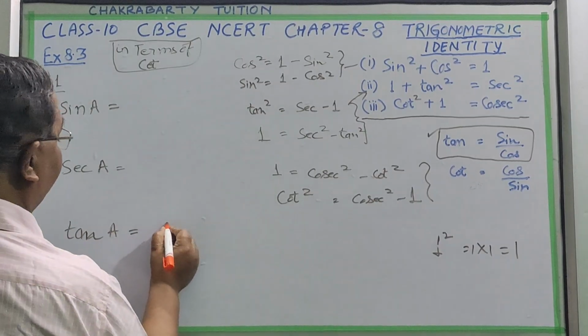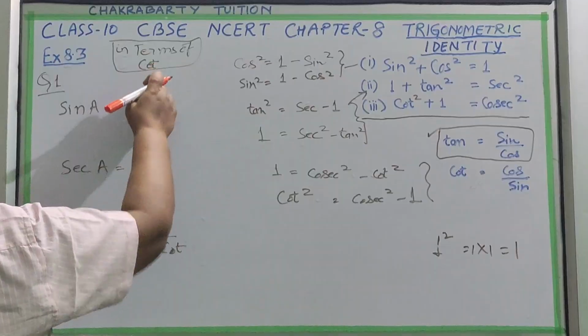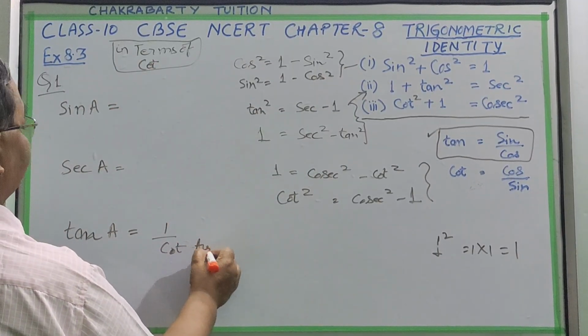Like tan A we can write as 1 upon cot A. This tan is over because cot is coming, so it will become your answer.